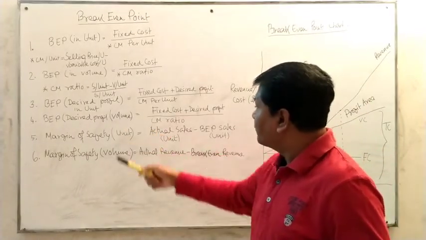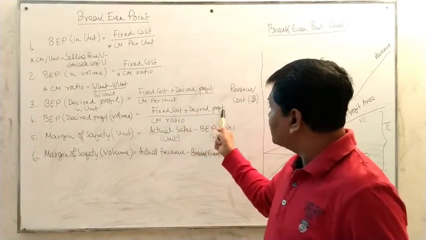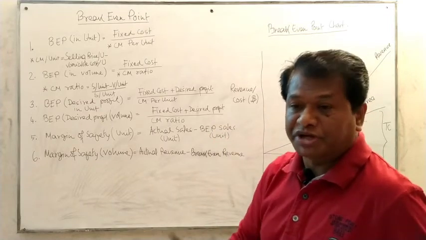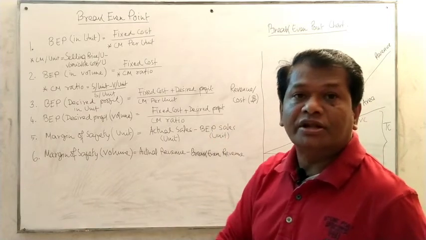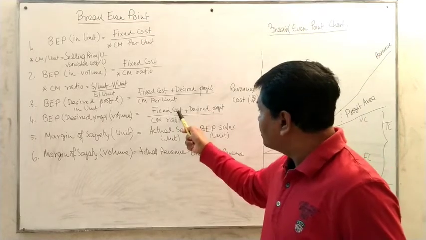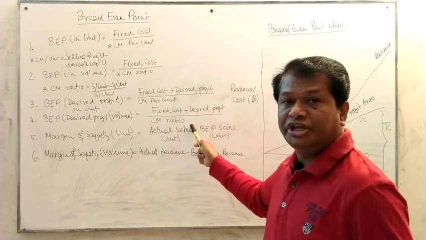What is the formula? Fixed cost plus desired profit, meaning the expected profit the company wants. Maybe, as I said previously, you are interested in making $500,000 profit. So this is the fixed cost plus desired profit, divided by the contribution margin ratio.